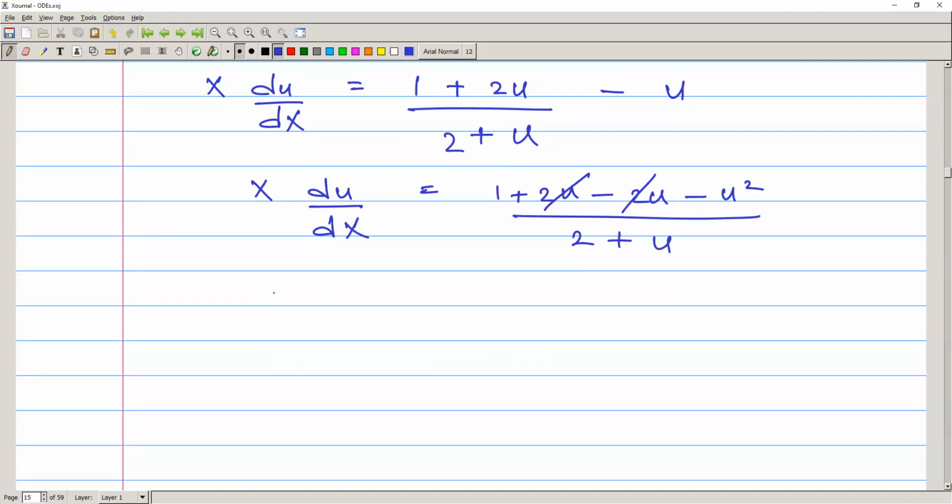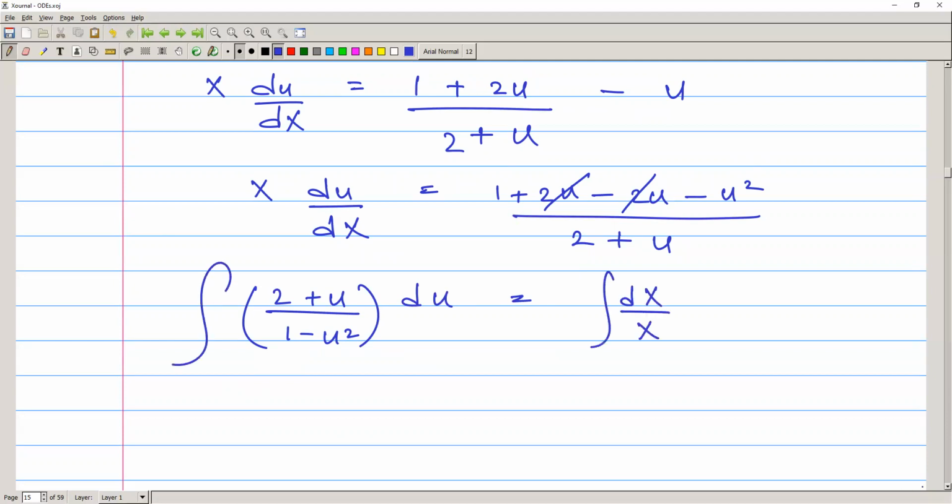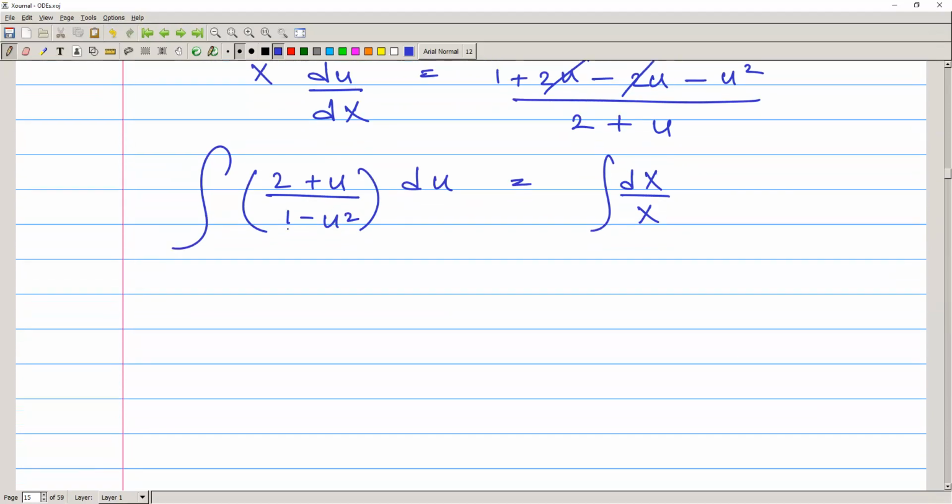Now by simplification, let's shift this (2 plus u) over (1 minus u squared) with du, because now it's separable, and dx over x. Now this equation is solvable. We can solve this equation by using partial fractions because it is 1 minus u squared.